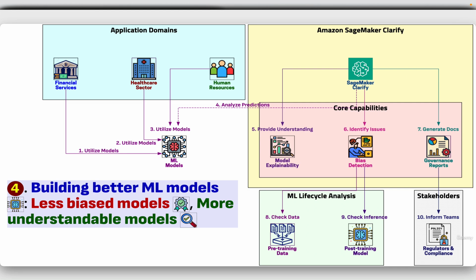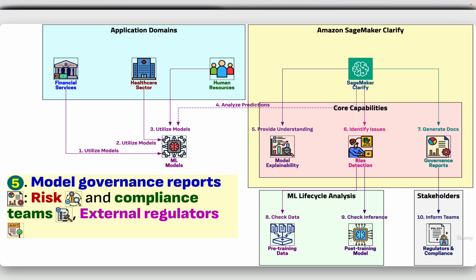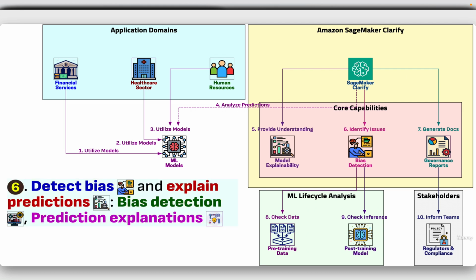SageMaker Clarify also provides tools that can help you build less biased and more understandable machine learning models. SageMaker Clarify can also generate model governance reports that you can provide to risk and compliance teams and external regulators.